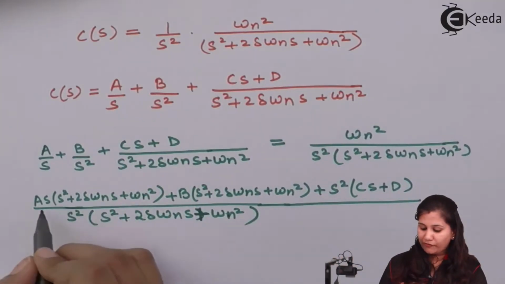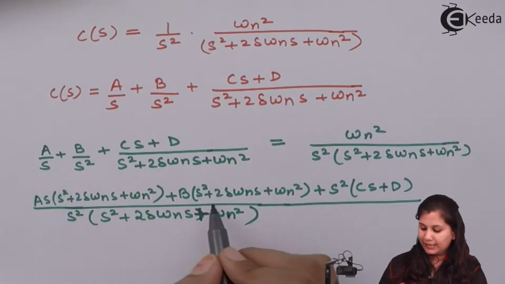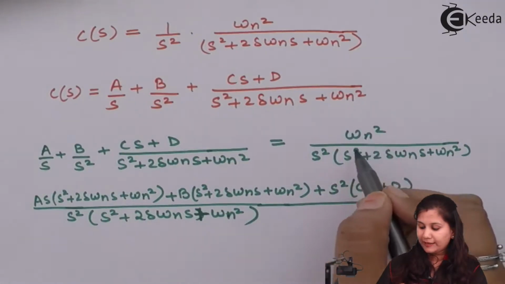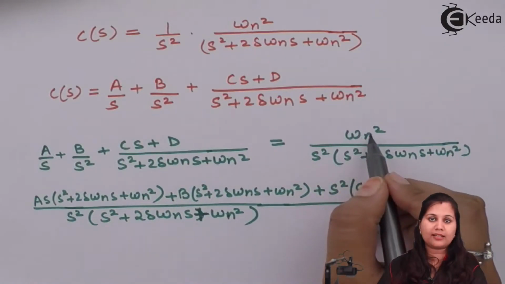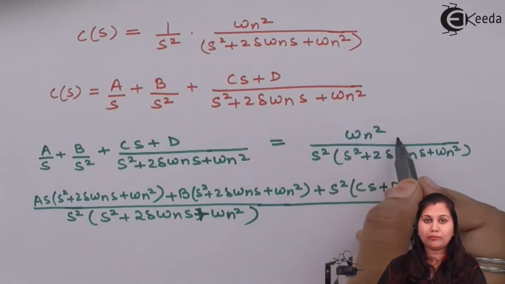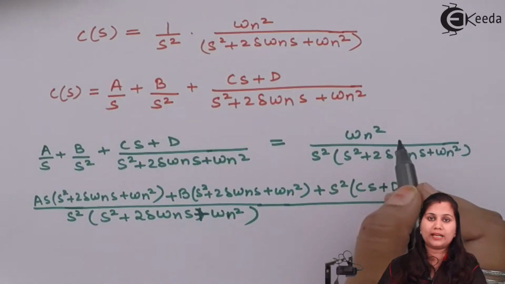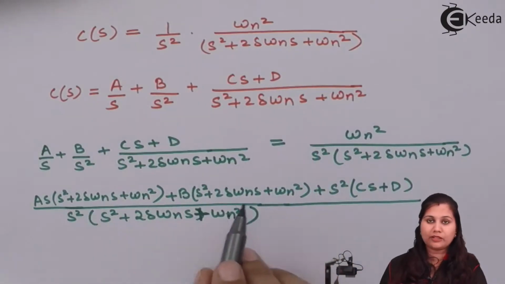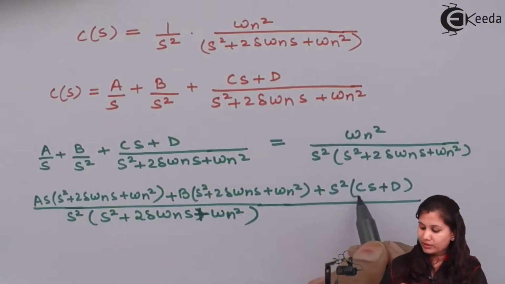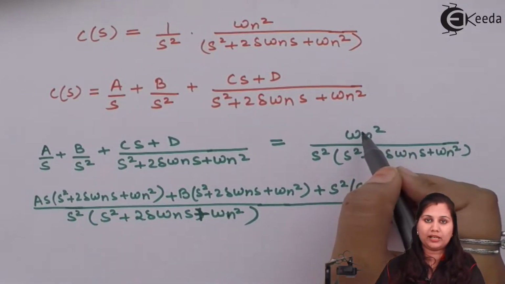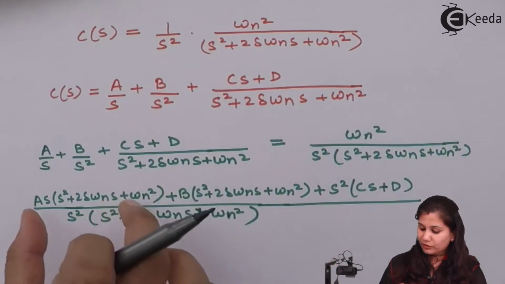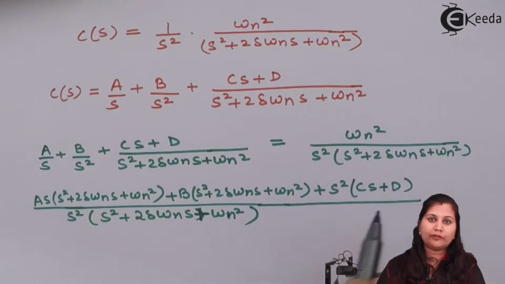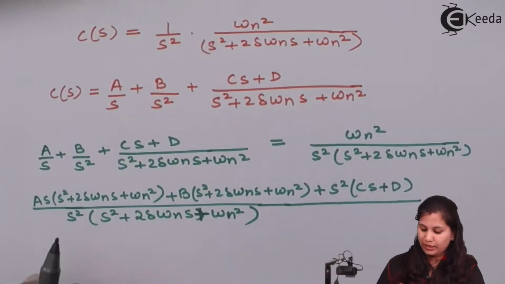On the right hand side there is no term of s cube, s square or s, so those coefficients are equated to 0, and the constant term is equated to omega n square. When we solve this, we get the four parameters A, B, C and D.